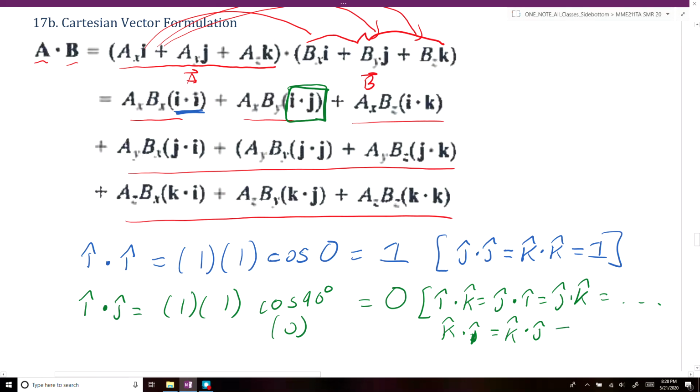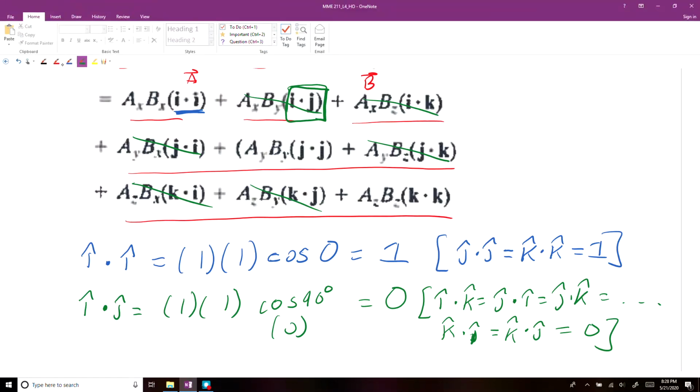Yep, that's it, and those are all going to be equal to 0. So all of these terms are going to be gone, and we're only left with the diagonal terms.